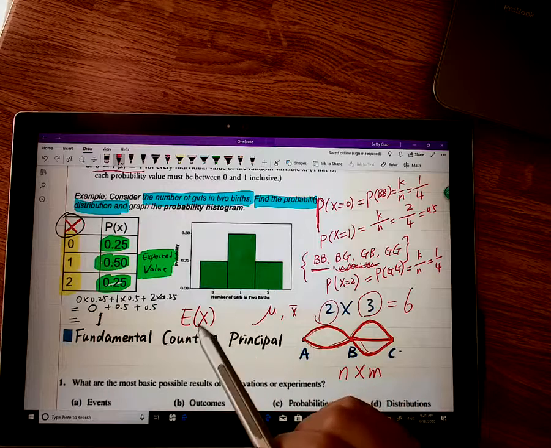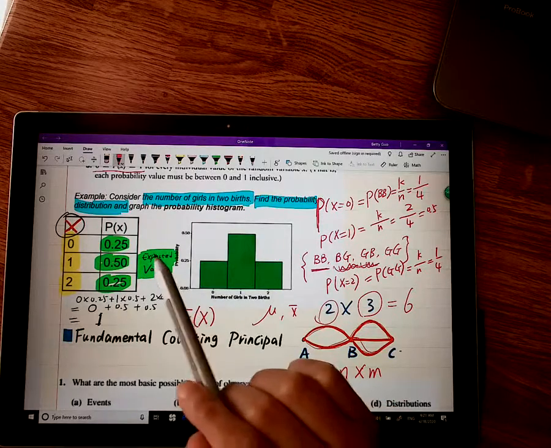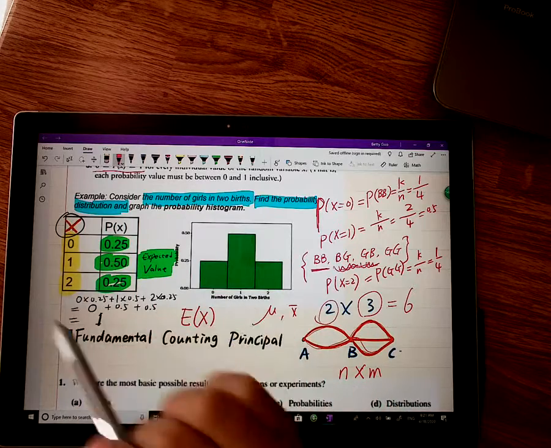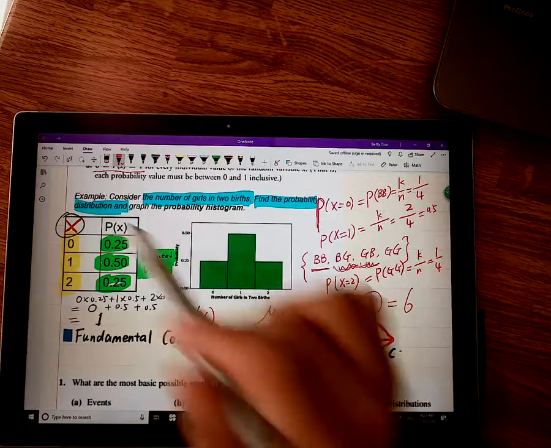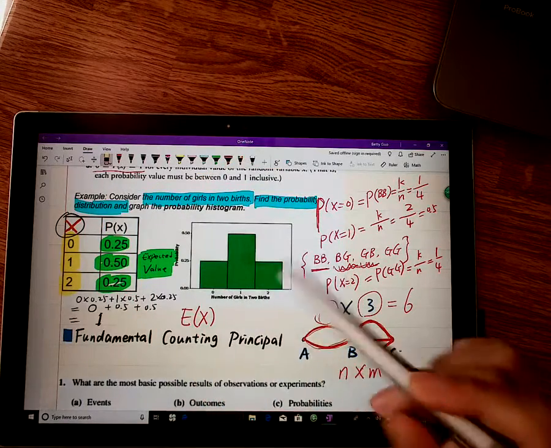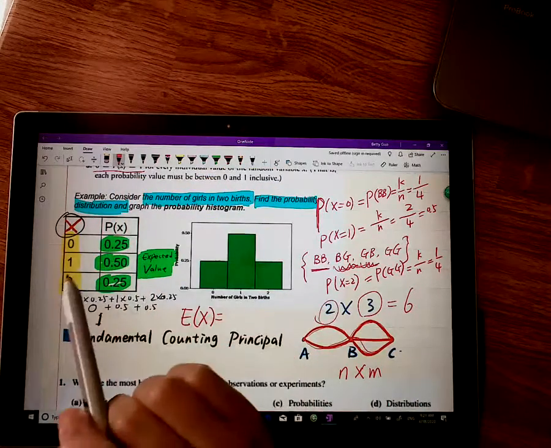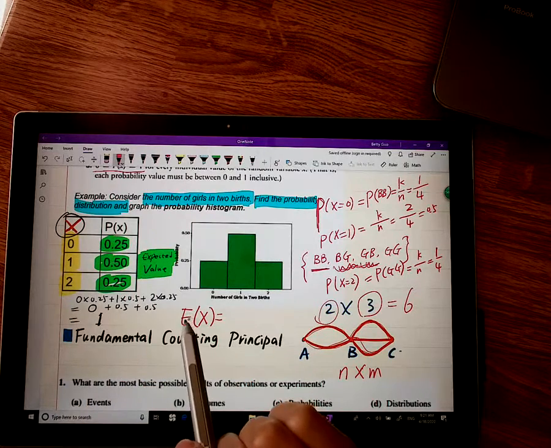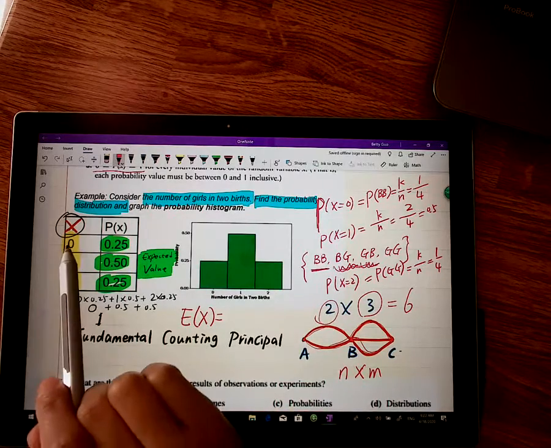How do we find the expected value of random variable x if we have the probability distribution table for x? Let me show you how to find the value. Very straightforward. Once you have the probability distribution table, you look at the first row.